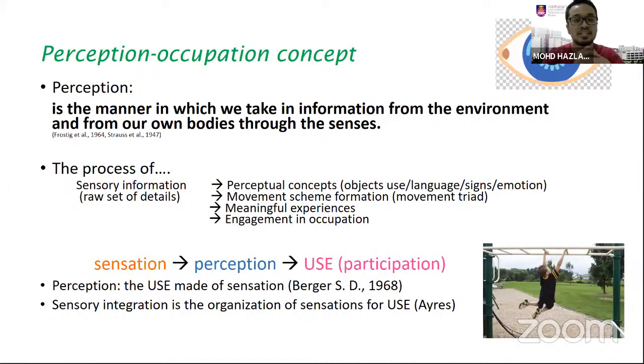Whenever you receive a sensation and create a perception, but you do not use it to interact with your environment, it is not really called perception. Ayres also said that sensory integration is the organization of sensation. The sensation must be organized, and then it must be used. So all these are related to one another. Okay, the next slide.